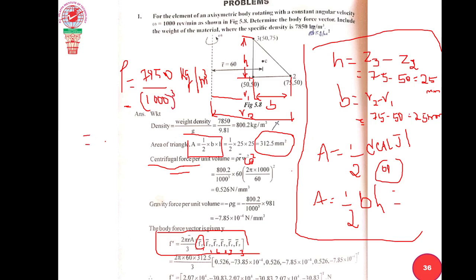So 7850 divided by 1000 cube becomes 7.85 into 10 power minus 6. What is the unit now? Kg per mm cube. Clear?